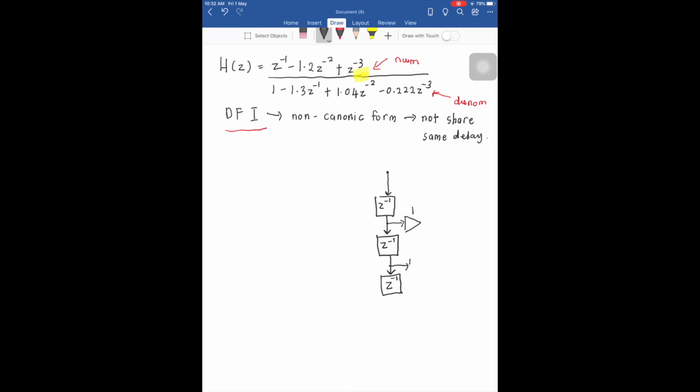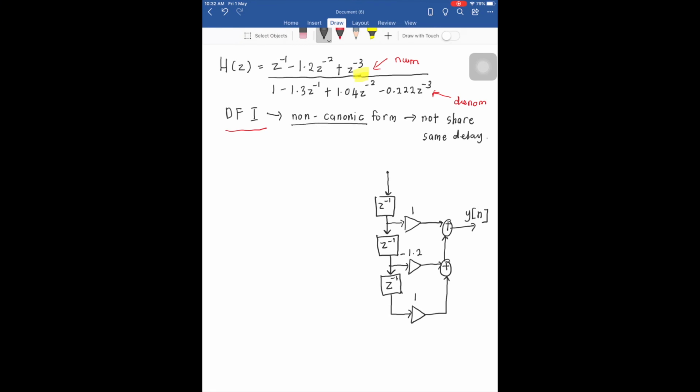After the second delay, we have minus 1.2. After the third delay, we have our third constant. So that is done for the numerator part.